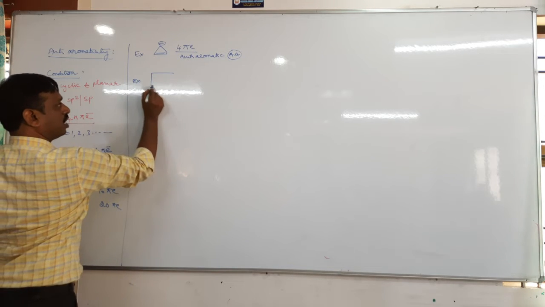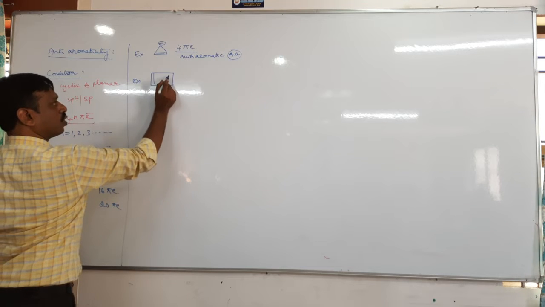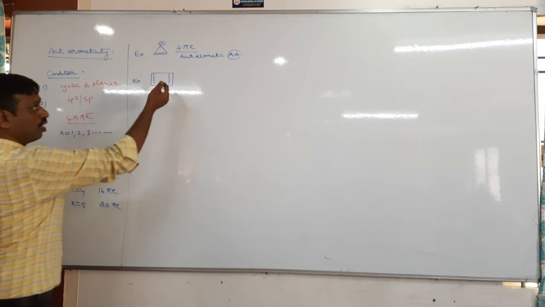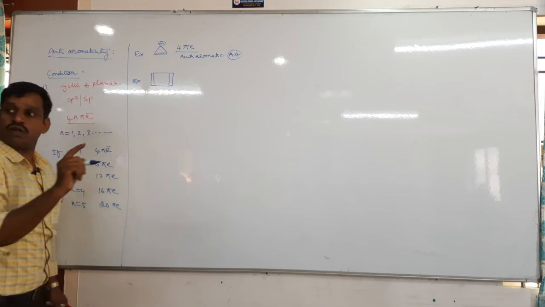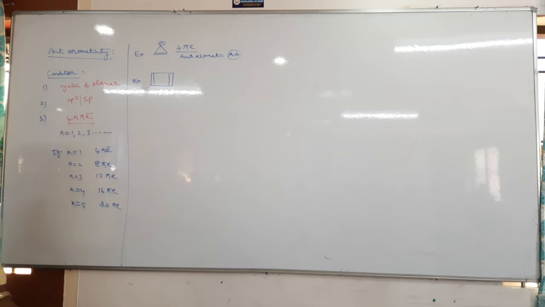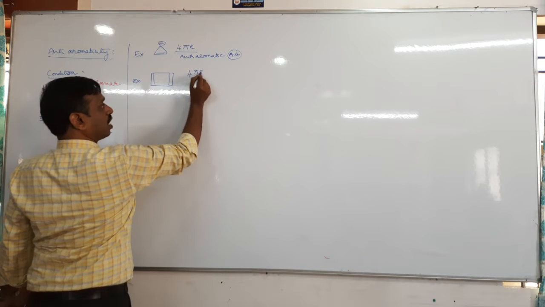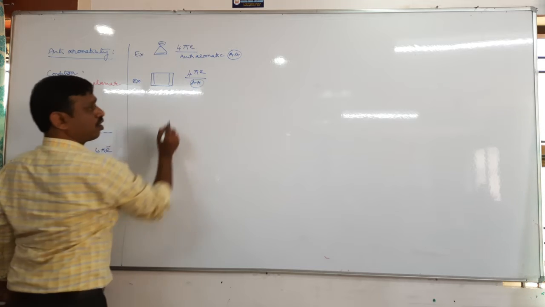Let us take cyclobutadiene, a cyclobutane with 2 double bonds. Is it cyclic or not? Planar or not? All are sp2. Therefore how many pi electrons? 4 pi electrons, therefore it is also anti-aromatic.